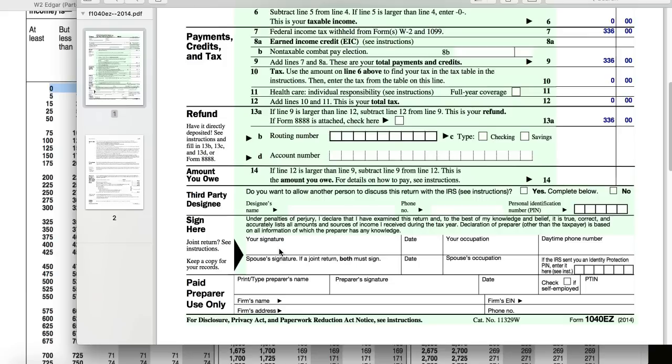If we were really doing this, we would be signing here. So your signature would be Edgar J. Flores. And then down here is if you have it prepared. Places like H&R Block, Jackson Hewitt, if you are taking your taxes somewhere, the preparer is also signing off that they have completed it as well.